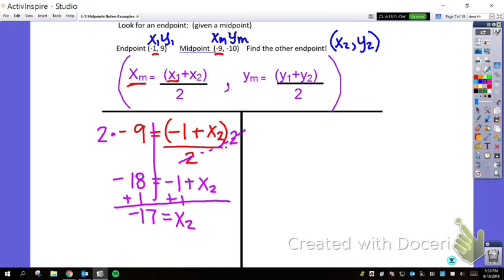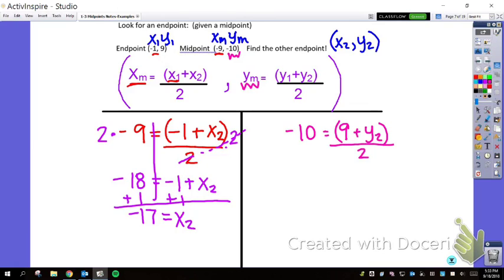Then we are going to look at our y's, and the same thing. So we've got the midpoint ym, which is -10, equals y1, which we know is 9, plus we don't know y2, divided by 2.